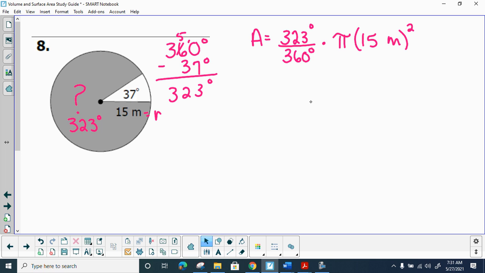Again, do not round anywhere inside this problem. So just let your calculator do all the decimal stuff, and then we'll round at the very end. So we get approximately 634.21 square meters.